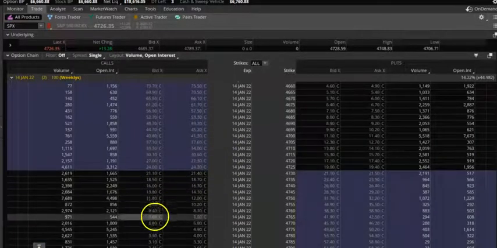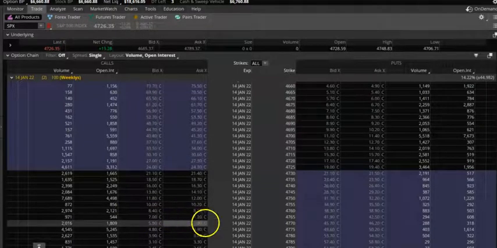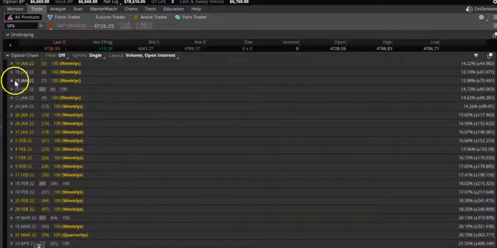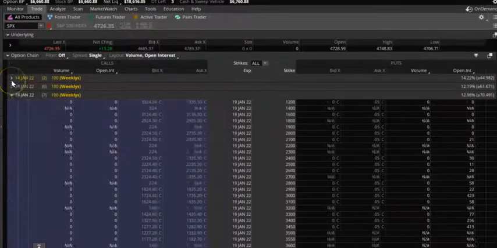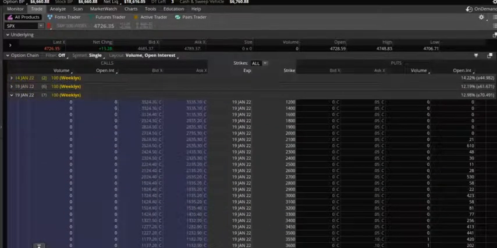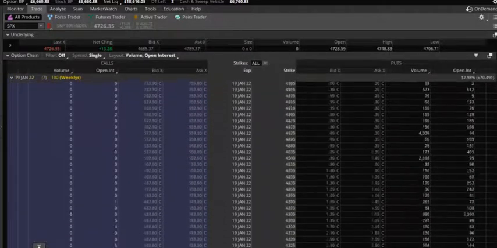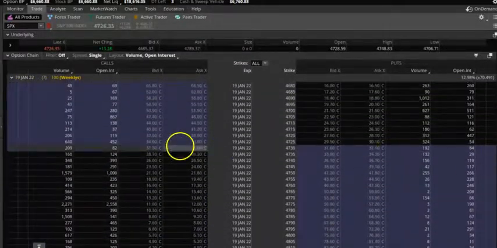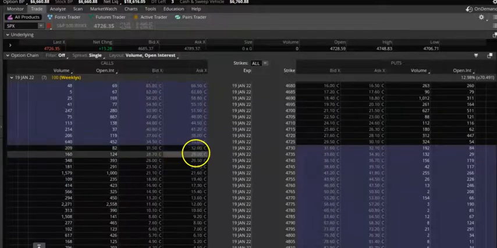If you see SPX, the bid ask difference is very low. Let's look at the one for 2019. Here also, if you see, it's only 50 cents.